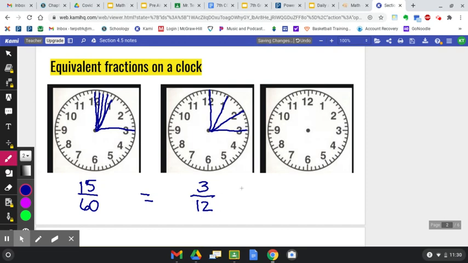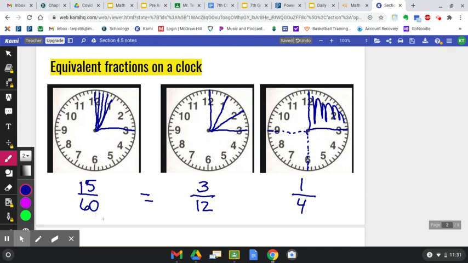Still not simplest form. If I were to just take this and divide it here, there are 1, 2, 3, 4 equal sections there, and we are looking at 1/4 of that.